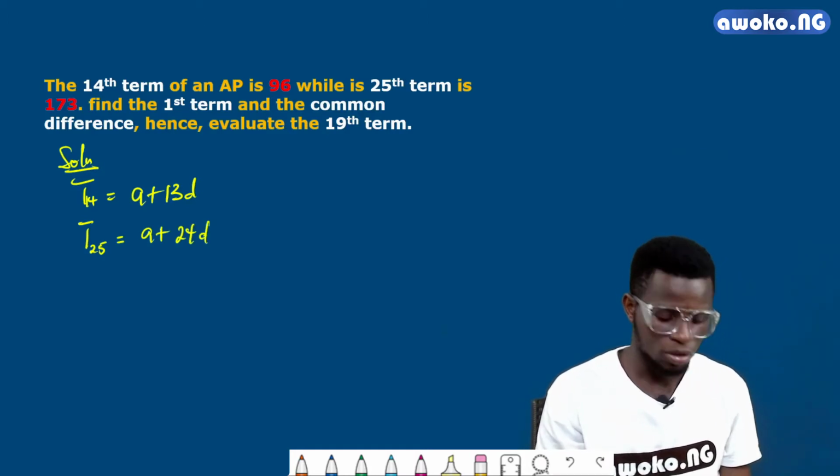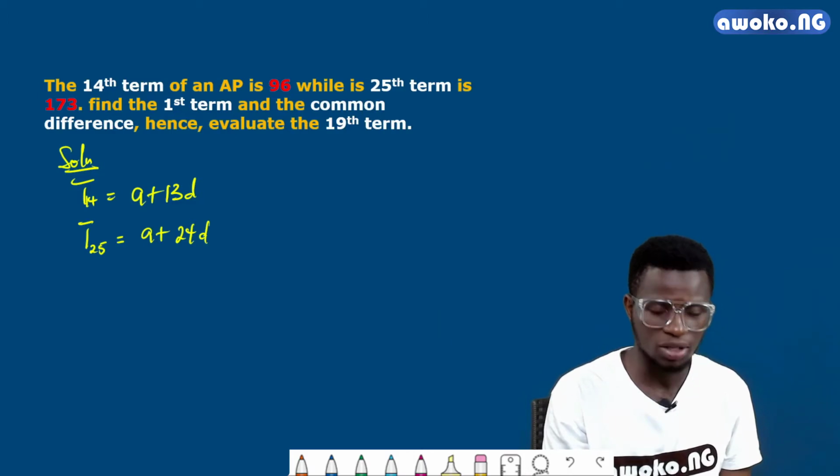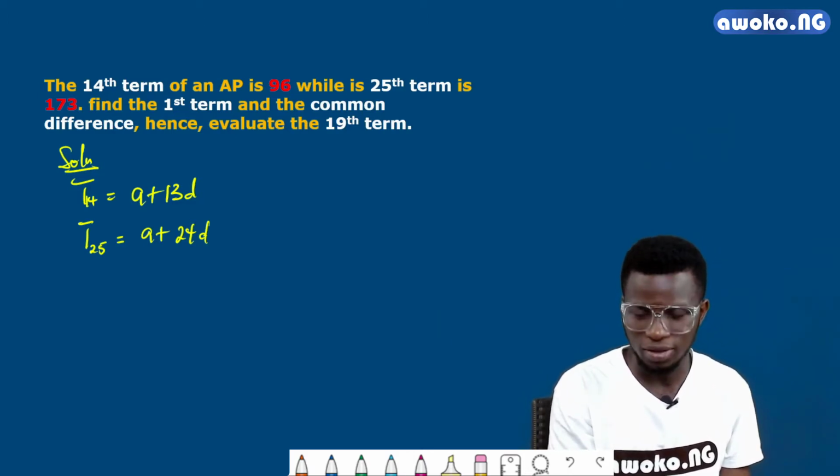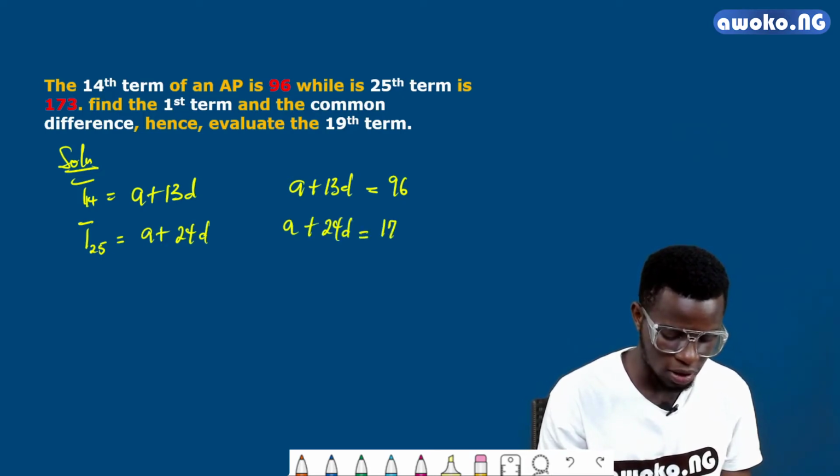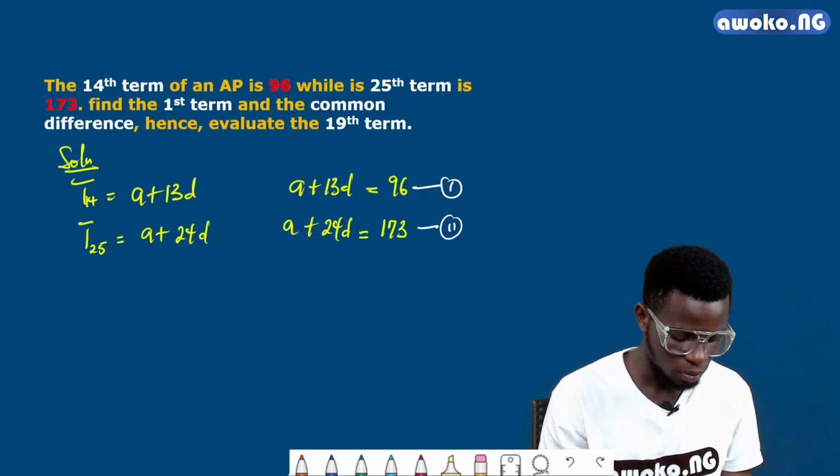Since T14 is given as 96 and T25 is given as 173, we can say that A plus 13D is equal to 96 and A plus 24D is equal to 173. Call this equation 1, while this is equation 2.